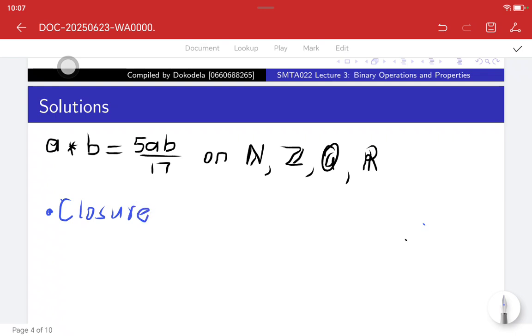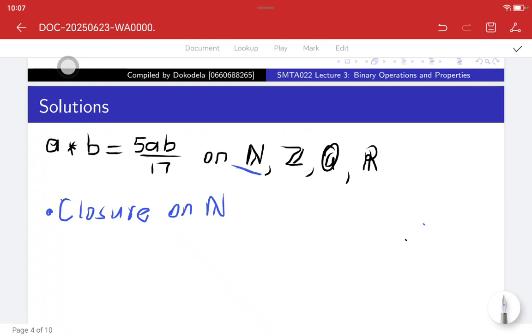So every time when we check closure, let me just say closure on a natural number. First I'm gonna check closure on natural number. I also check closure in Z, closure in Q, closure in R. So I'm gonna check all the closures, right?